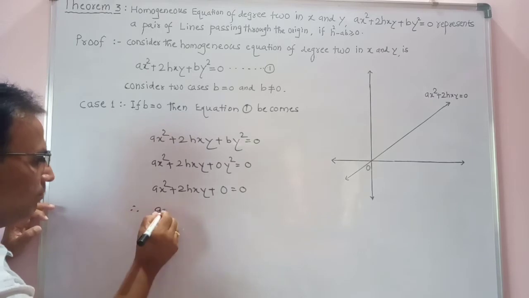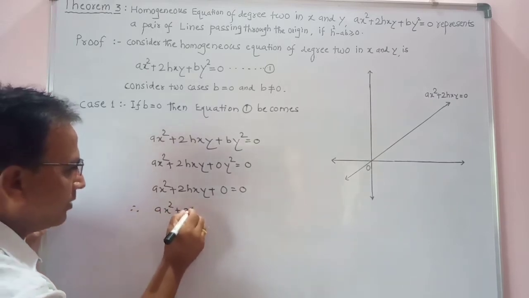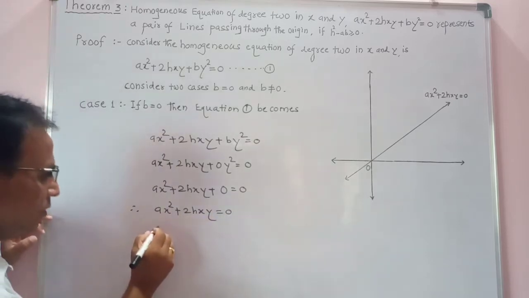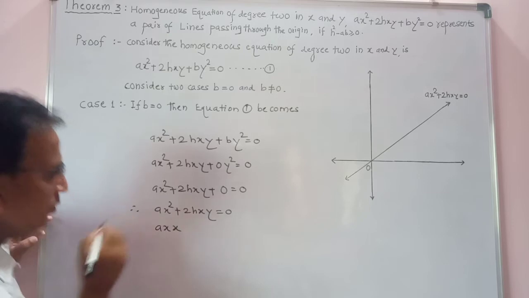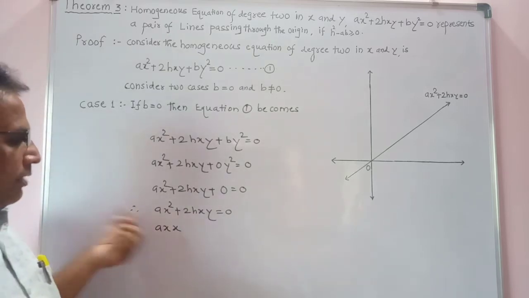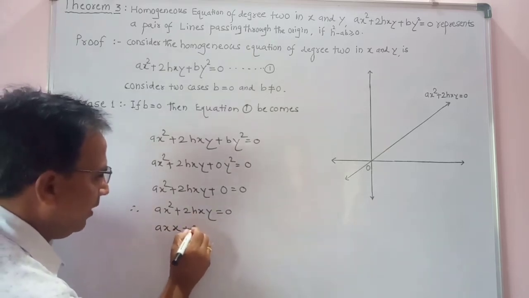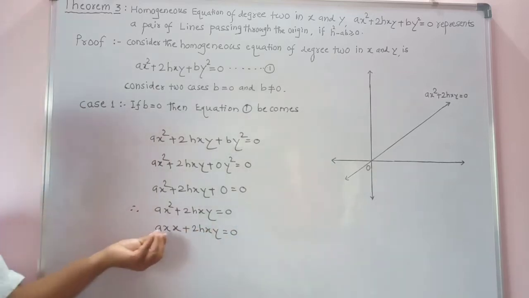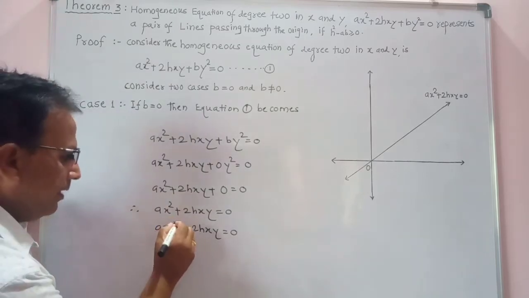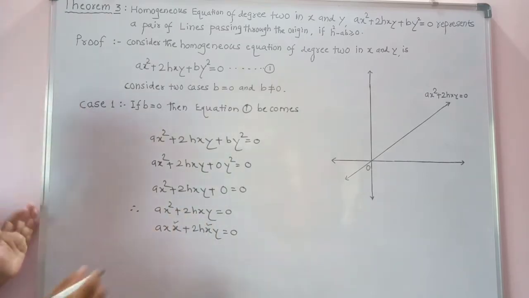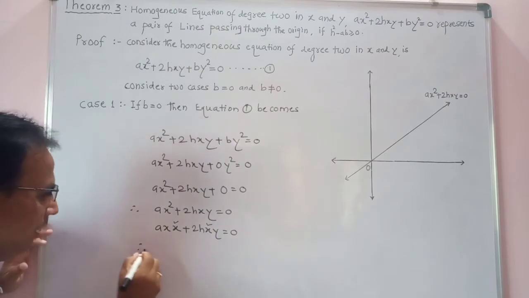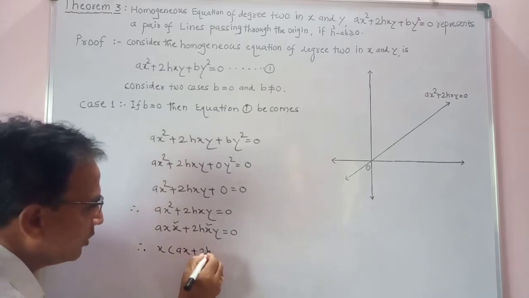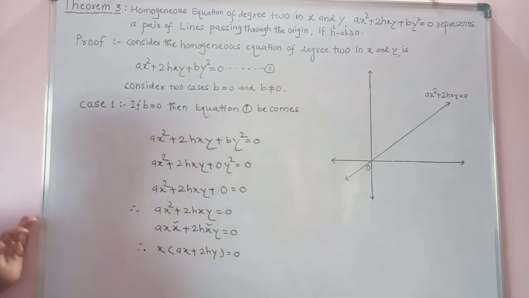Therefore, ax square plus 2hxy equal to 0. Ax square means a into x into x. Here x is common, so x into bracket ax plus 2hy equal to 0.